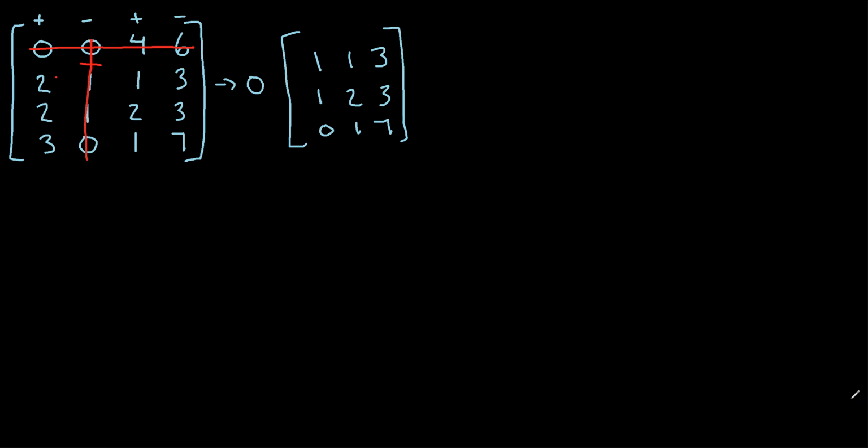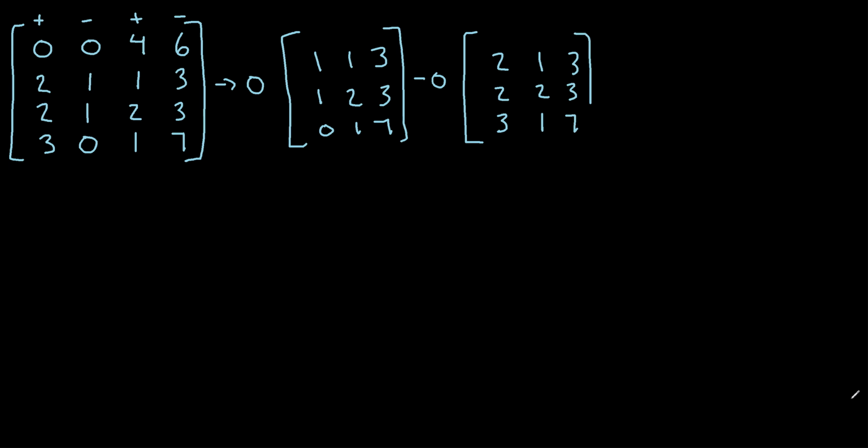And then we'll write a 3x3 matrix using the remaining values that have not been eliminated. So that would be the 2, 2, 3, 1, 2, 1, and 3, 3, 7. So let's write that. So we get minus 0 times 2, 2, 3, 1, 2, 1, 3, 3, 7.